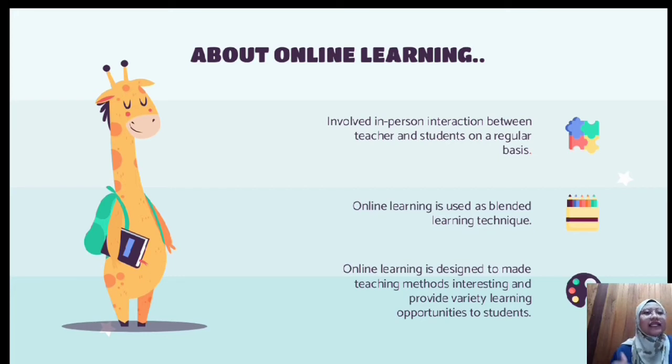Online learning is used as a blended learning technique, where we can discuss and use infographics and anything else. It is designed to make the teaching method interesting and provide a variety of learning opportunities to students. So students can see that, oh, there is an interesting subject when we have something that we can do online, right? We can show a video, we can show a movie that is related to the topic that we are discussing, right?